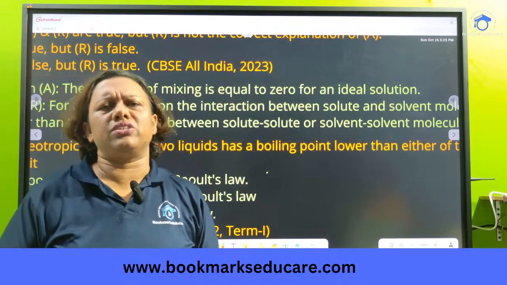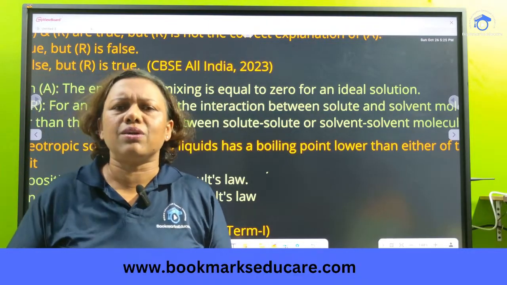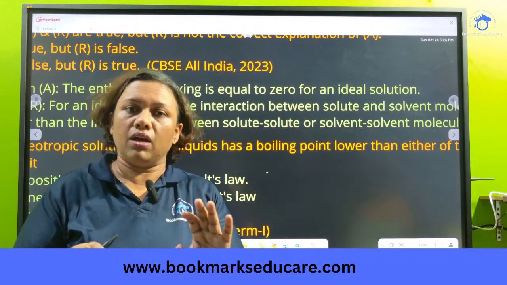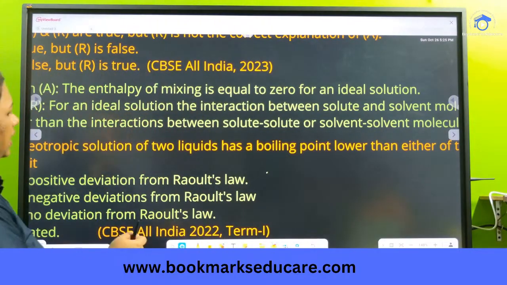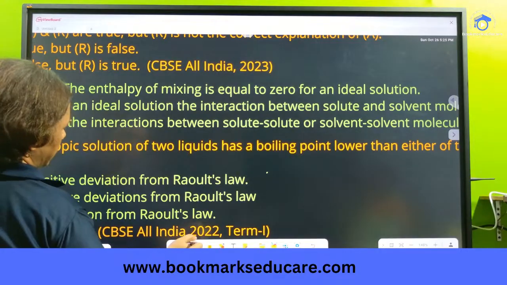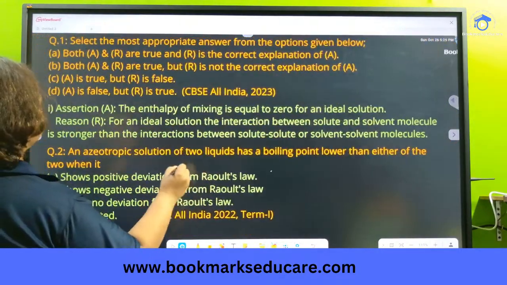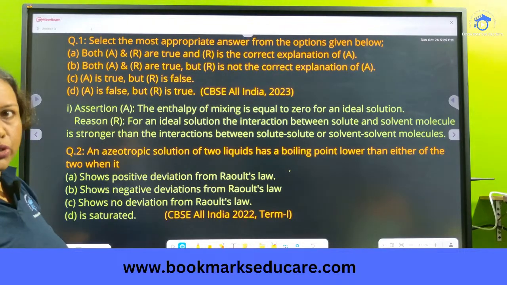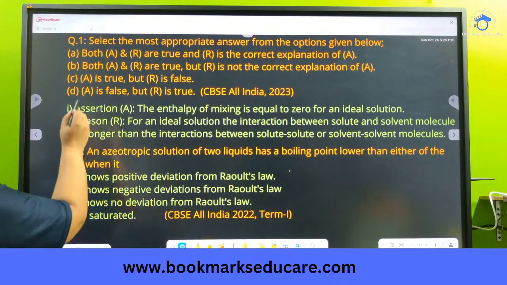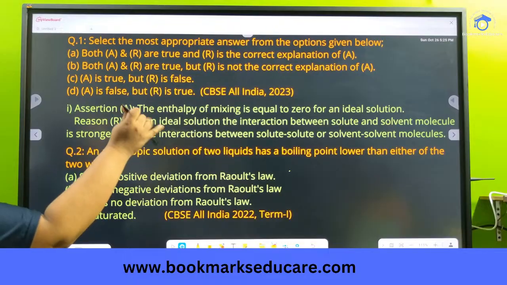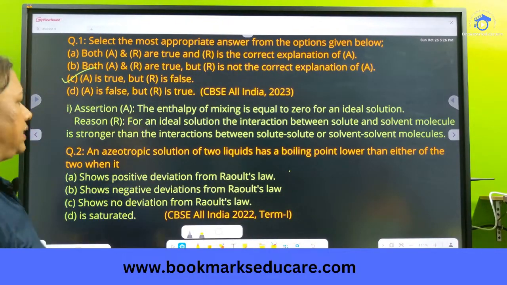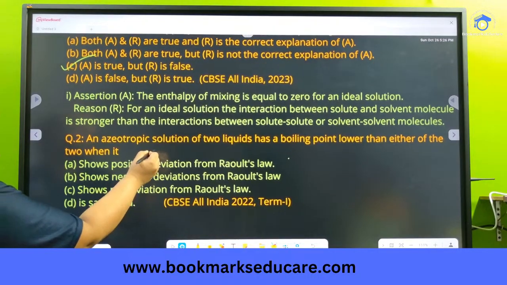There is no change in interaction in an ideal solution. How can that be? If it is ideal, nothing is different, everything is equal. So what is the option? Our assertion is true, but the reason is wrong. So A is true, but R is false. Option C. Okay, the next one.